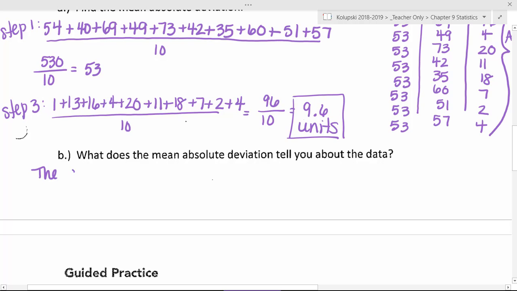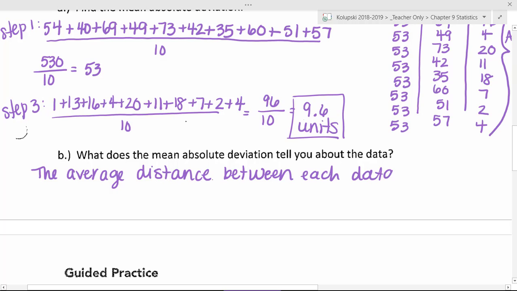The average distance between each data point and the mean is 9 6/10 units. And this interpretation will be the same for each of these problems.